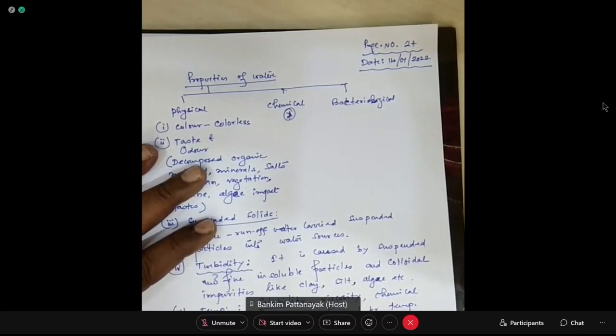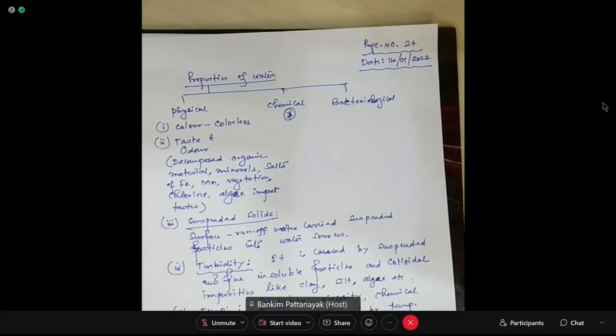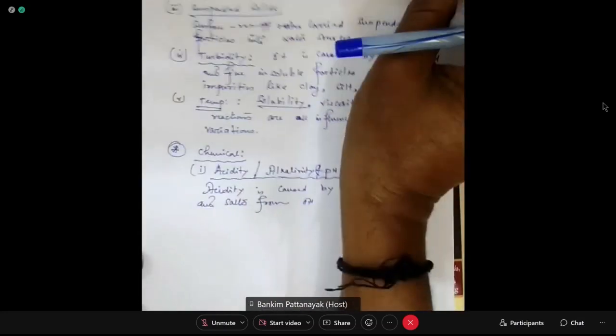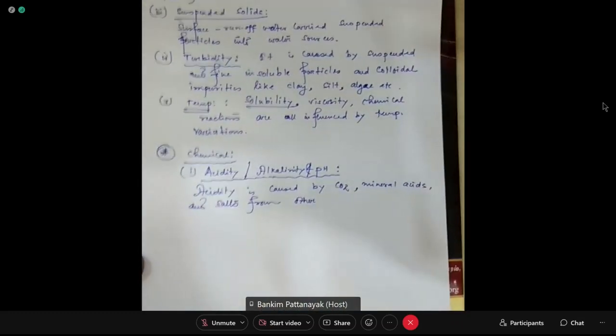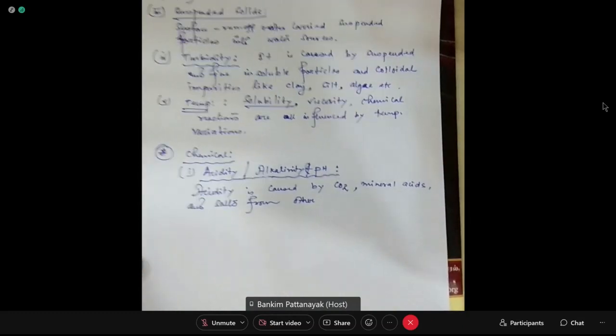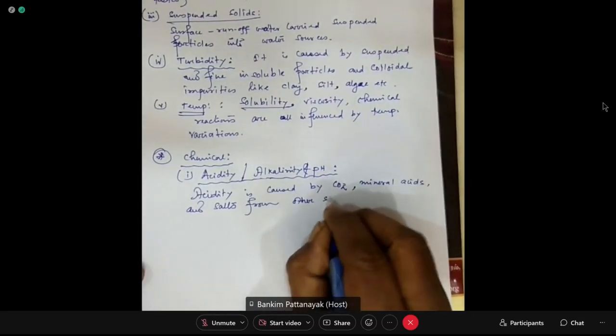Acidity is caused by CO2, mineral acids, and salts from other strong acids.